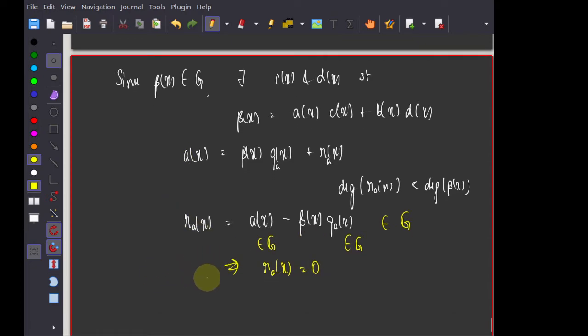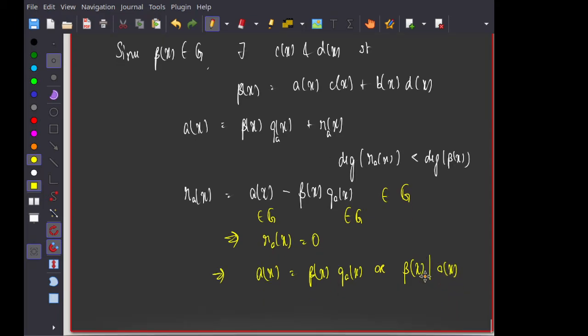So we can write a(x) as beta(x) times qa(x), or basically that beta(x) divides a(x).